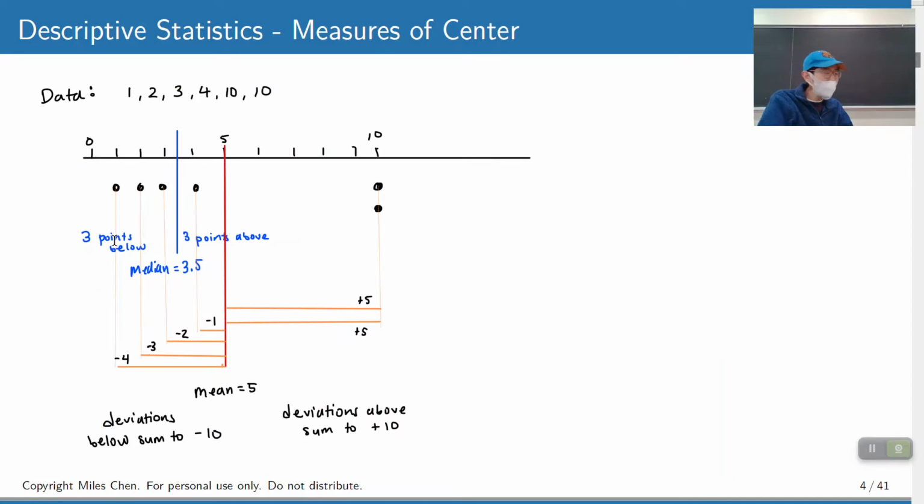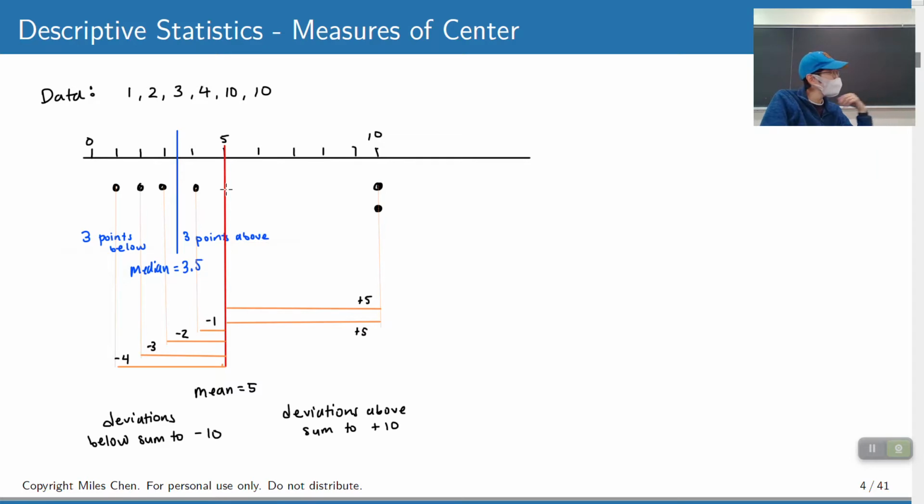Here's a simple example. I've got a small data set with the values 1, 2, 3, 4, 10, and 10, shown as dots on the number line. The median will be at 3.5. We've got 3 values to the left of the median in blue, and 3 values to the right. The red line is the mean, which is 5.